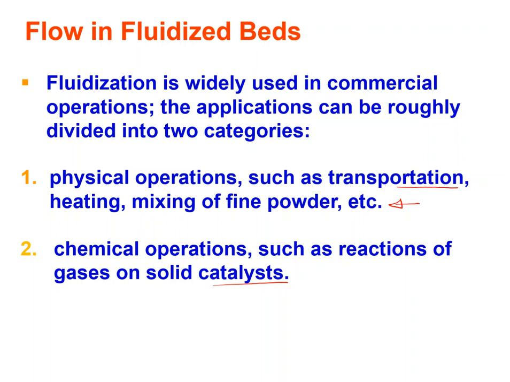Then if I increase the velocity even more, I will start to have the bubbling fluidization, then slugging, and upon increasing it more, I will have a lot of turbulence, and finally, if I increase it more, I will have the pneumatic transport. So this is an introduction to fluidization, and in the next lecture, we'll start to introduce you to the equations that can be used to calculate the important variables in the fluidization problem.